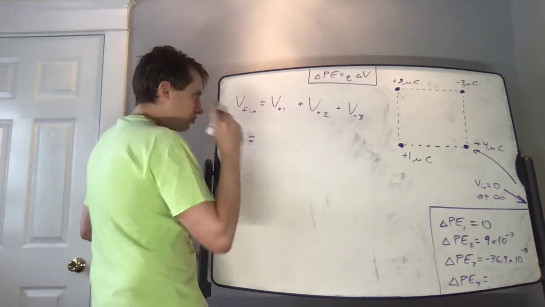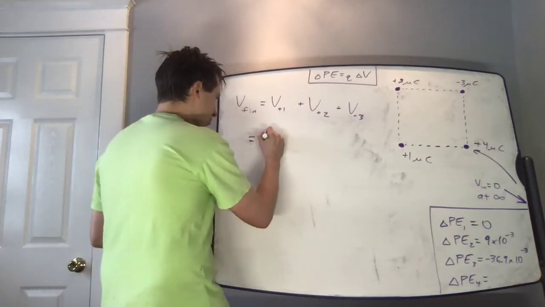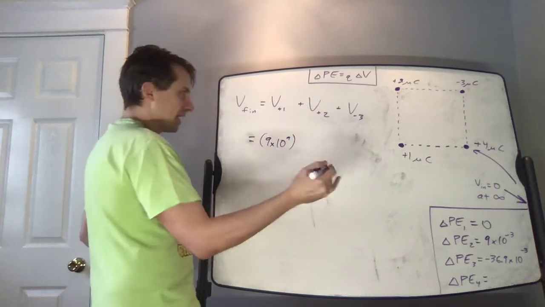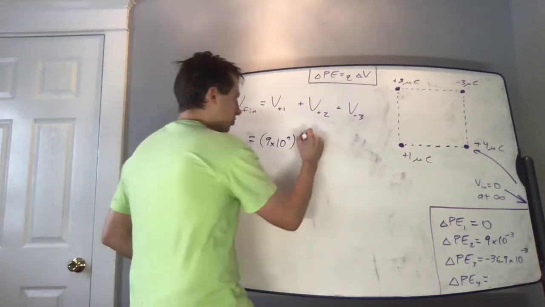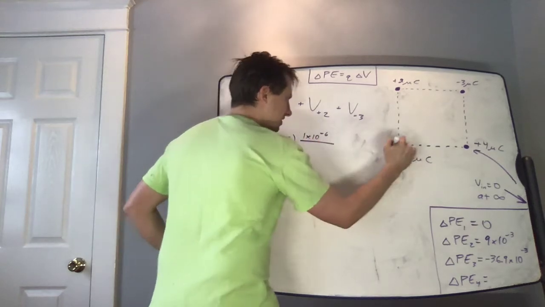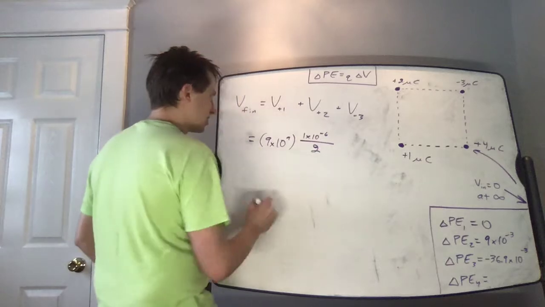So the electric potential due to the plus 1 microcoulomb point charge will be Coulomb's constant K, 9 times 10 to the 9, times the charge of this particle, so 1 times 10 to the negative 6, divided by the distance from this particle to the lower right corner of the square, which is 2 meters.